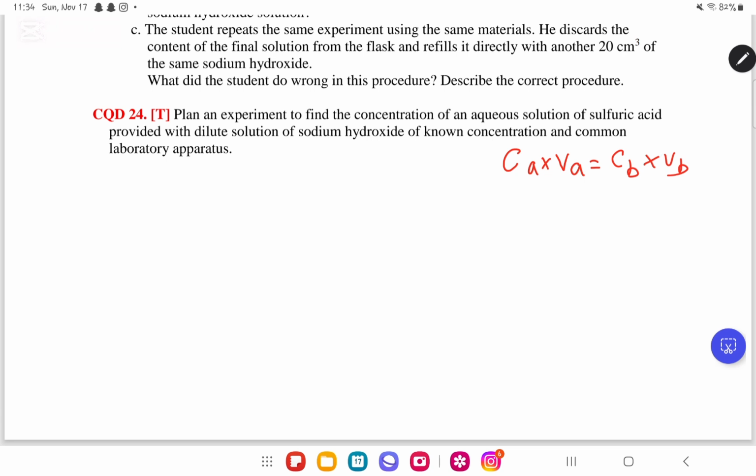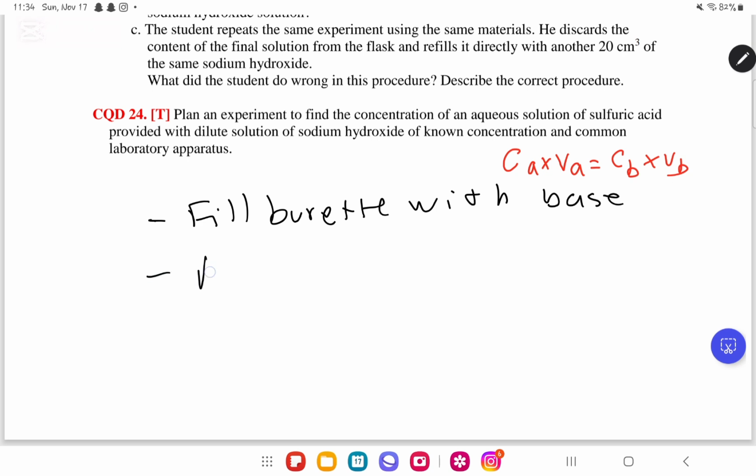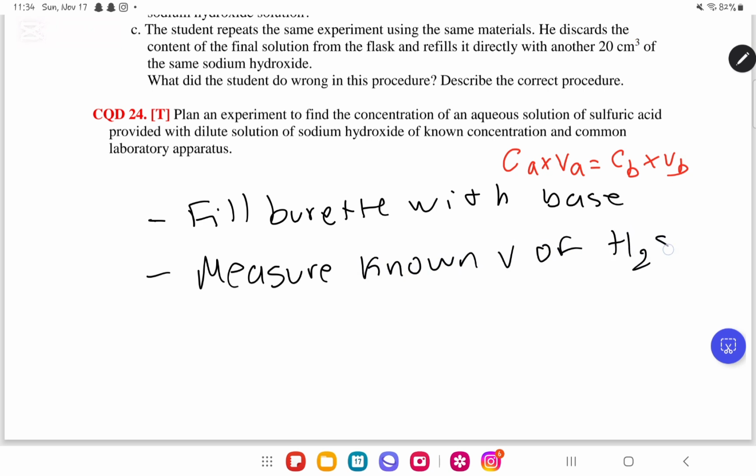First thing, we're going to fill a burette with the base. After filling the burette with the base, you need to measure a known volume of sulfuric acid and place it in the flask.